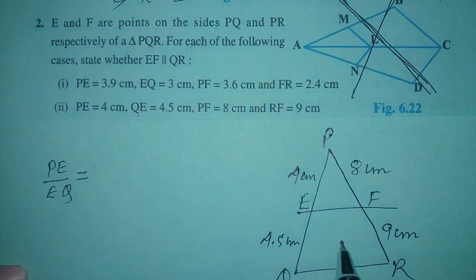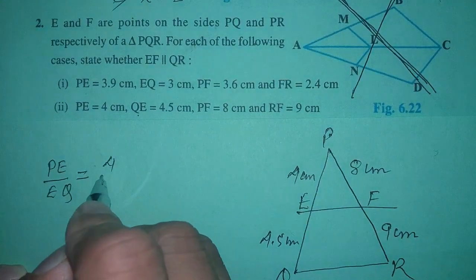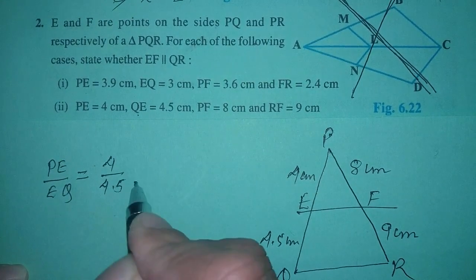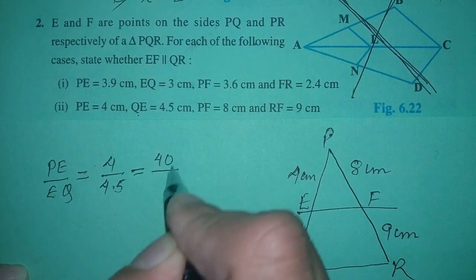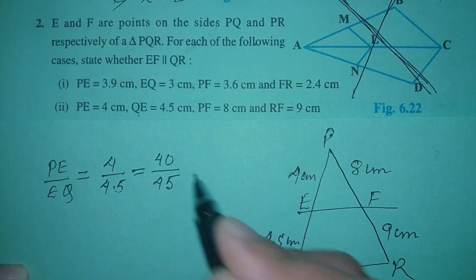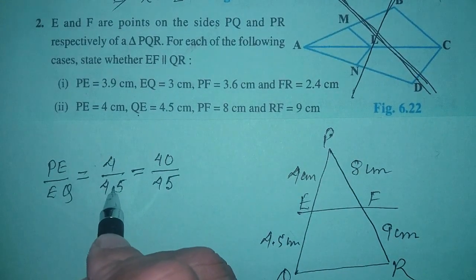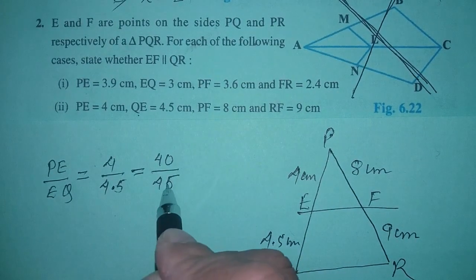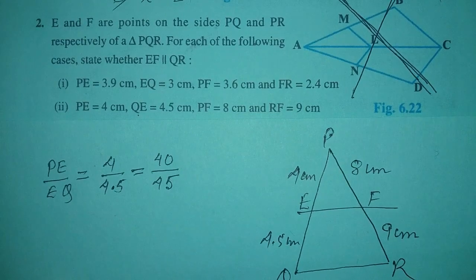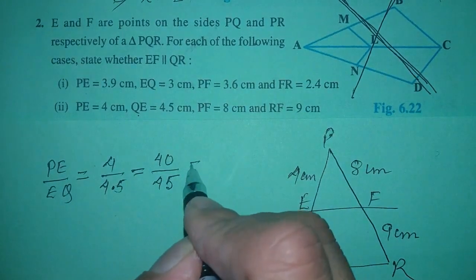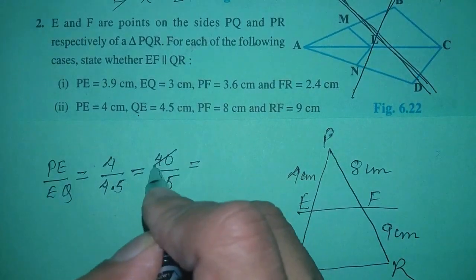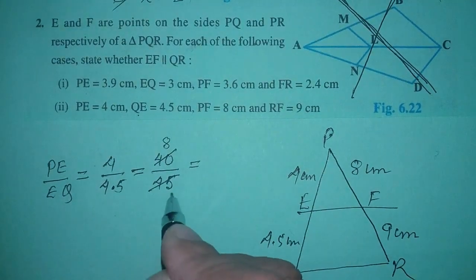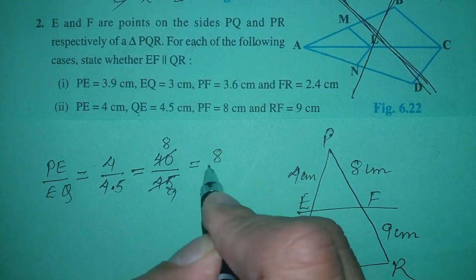This is equal to 4 by 4.5. Now here we can write 40 by 45. After the decimal point there is 1 digit, so you can write 0 up here. Now you can cut by 5. 5 eights are 40, 5 nines are 45. So we have here 8 by 9.